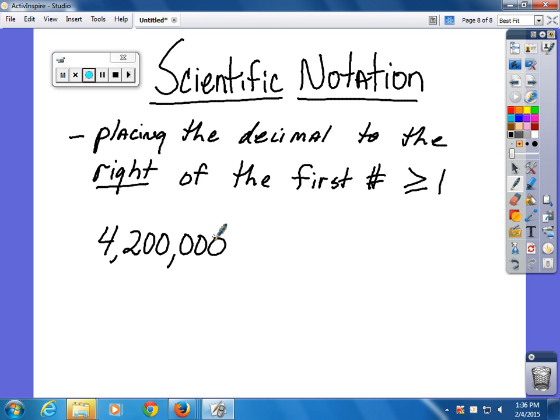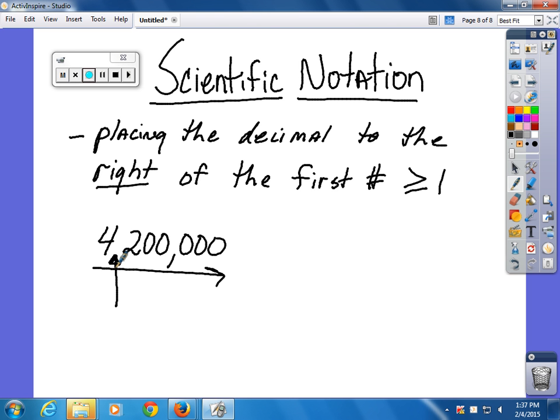Some of y'all said 4, some of y'all said, how do you get that? We read which way? Left to right. This says, place the decimal to the right of the first number greater than or equal to 0. We read left to right. Which one is greater than or equal to 0? 4. So the decimal goes right there.